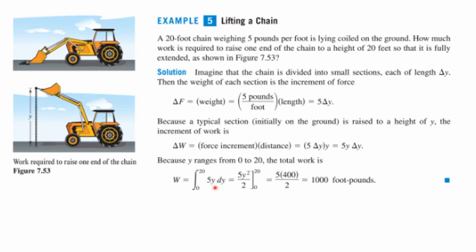But some of it you're lifting 0 feet, and some of it you're lifting 20 feet. So the total amount of work is you're integrating from 0 to 20, 5y dy. We integrate this, plug in the numbers, and we get the answer. Again, I do expect you to be able to do problems like this, so make sure you understand this example.